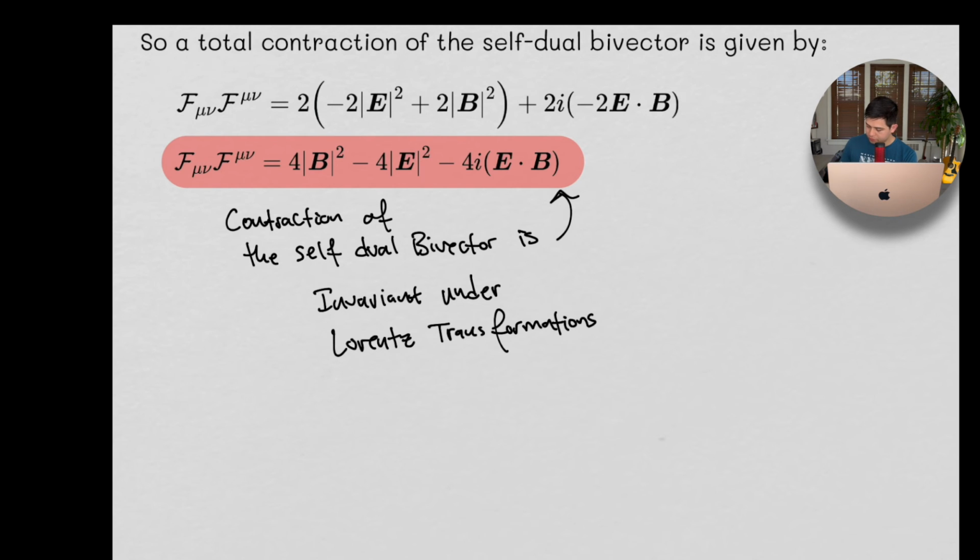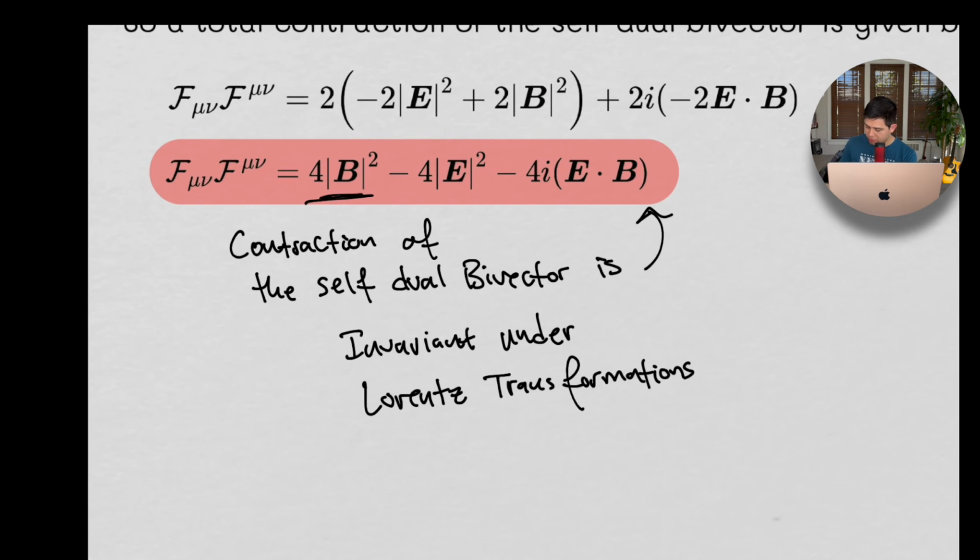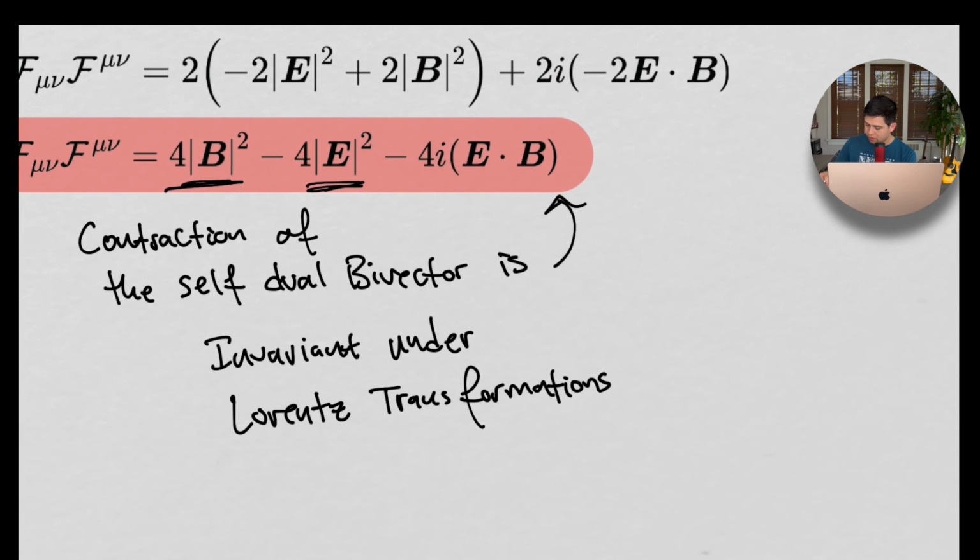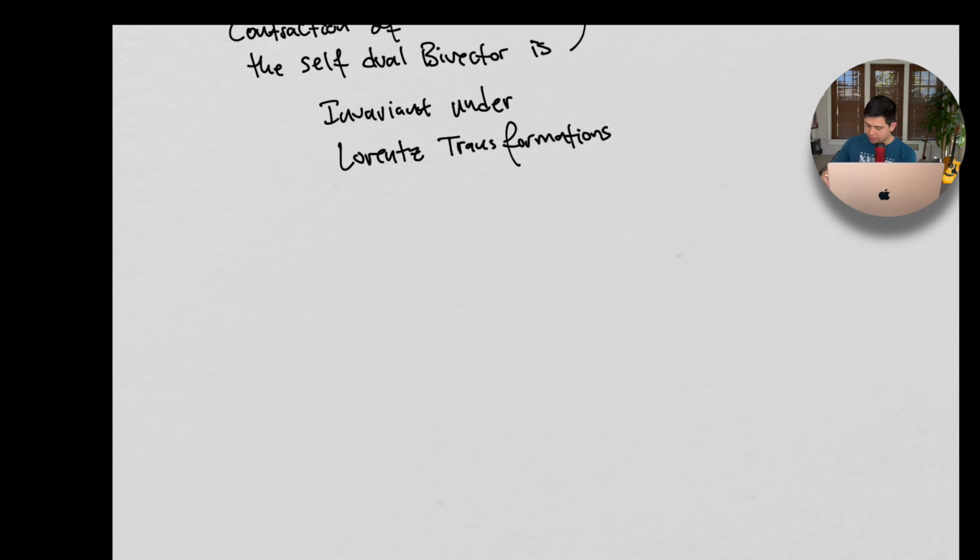All right, so again we have the magnitude of B, the magnitude of E, and then a dot product between the two. So you can sort of think of this as, say you have your electric vector and your magnetic vector.